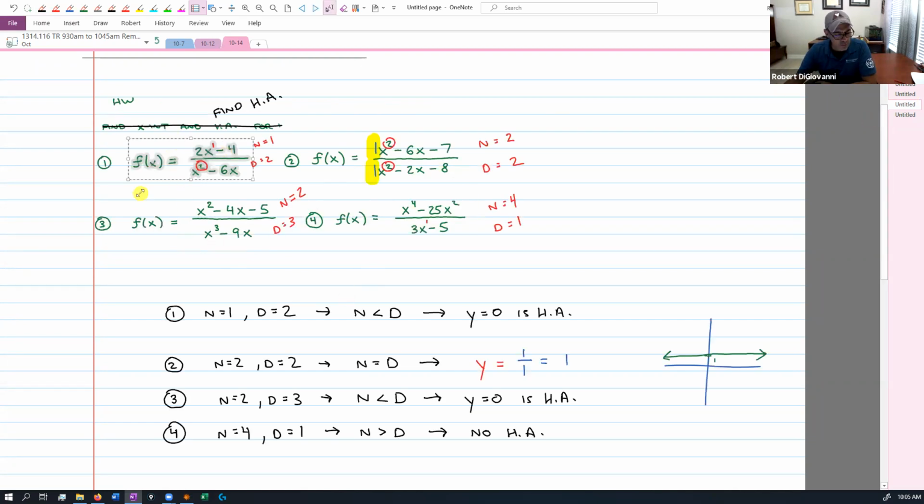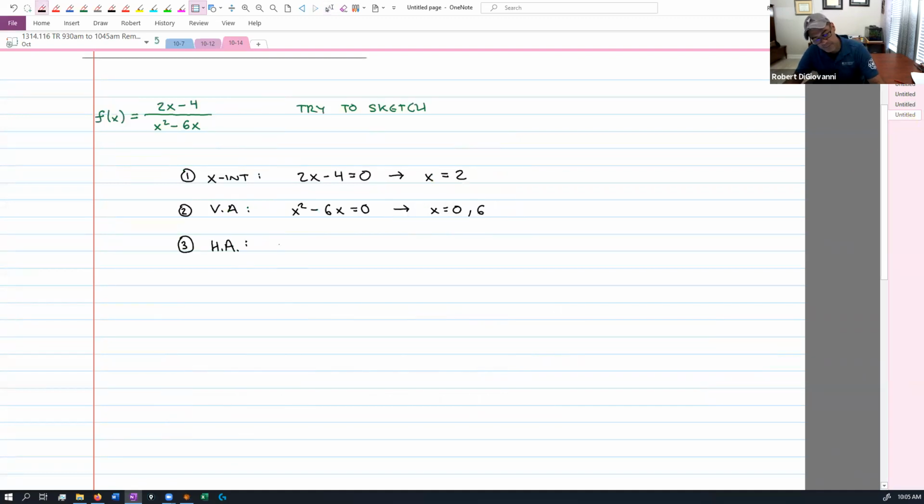On this first problem, the degree of the numerator is 1 and the degree of the bottom is 2, so n is less than d, and that tells me that y equals 0 is the horizontal asymptote.